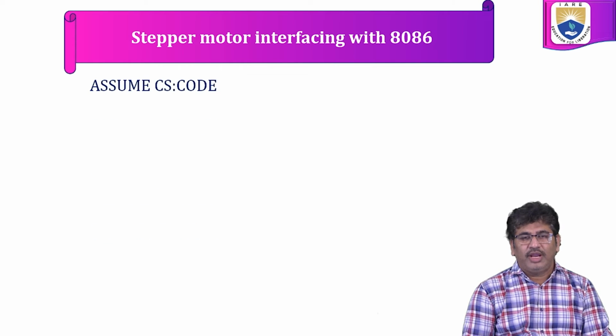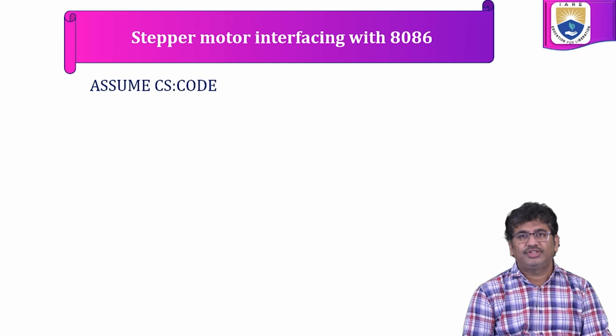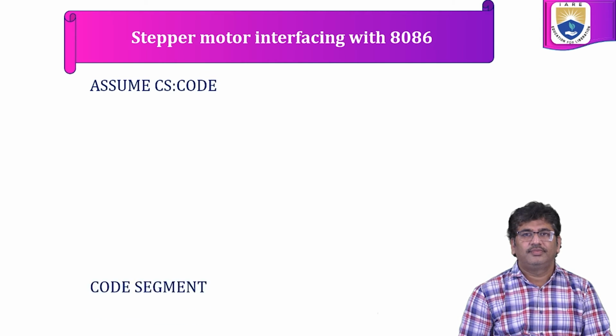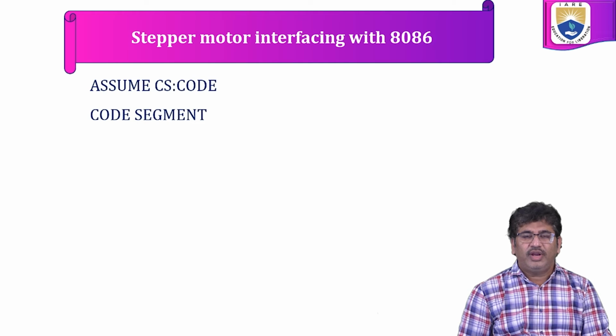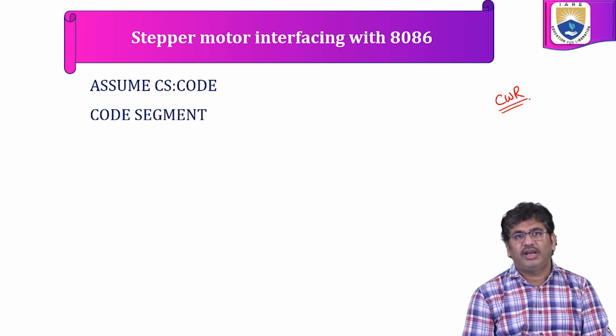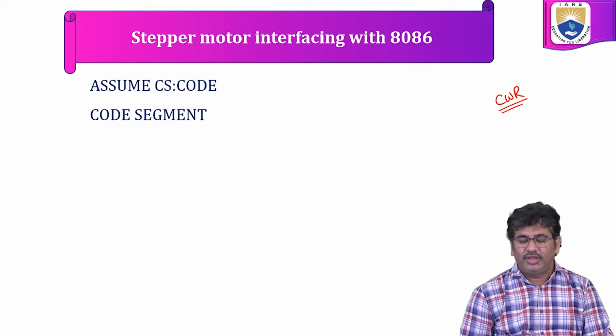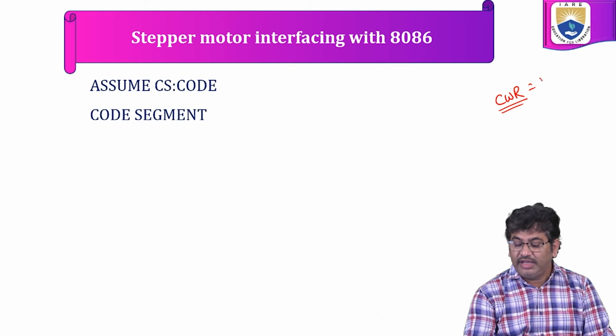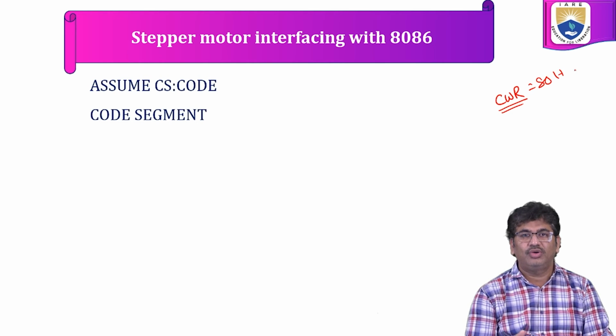Now for writing the program, we will use the first statement, ASSUME CS colon code, for requesting a segment for the code segment. We don't require any data segment, so straight away we will start with the code segment. For 8255, it is always desired to write the control word register initially. The control register value is 80H, and this we are going to move to the control word register.